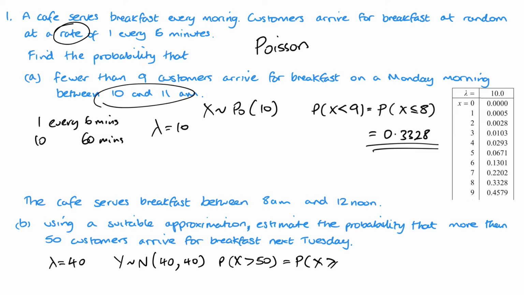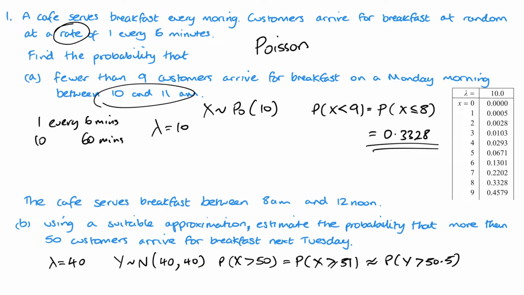So if it's greater than 50, it has to be 51 and above. And that means then in terms of my approximation for Y, this is going to be greater than 50.5, isn't it? So I've got that all set up.